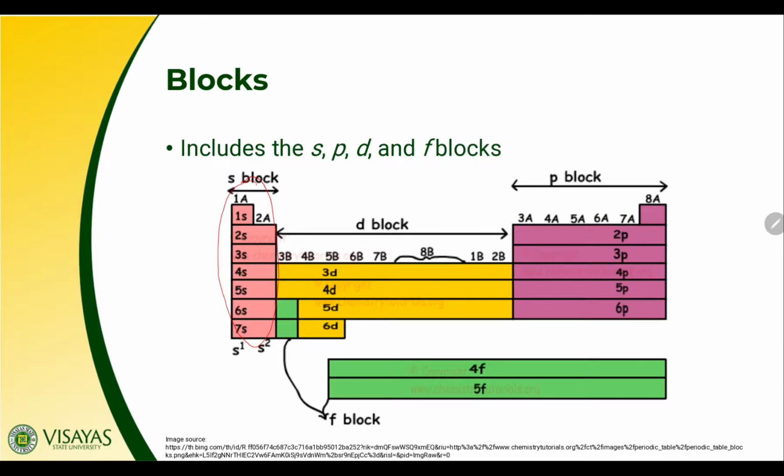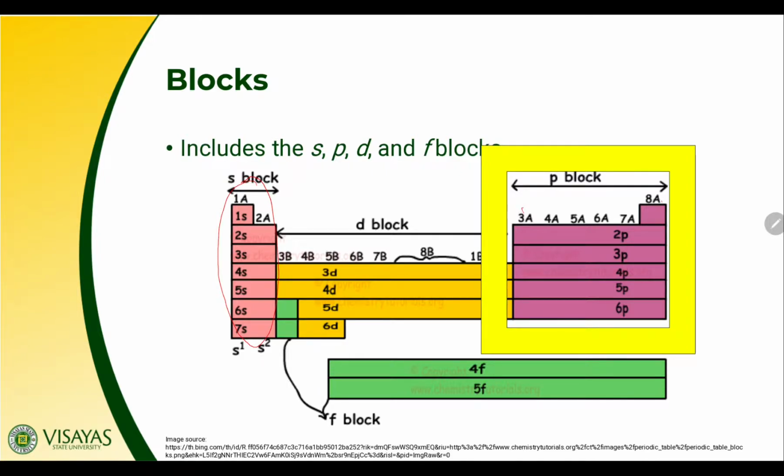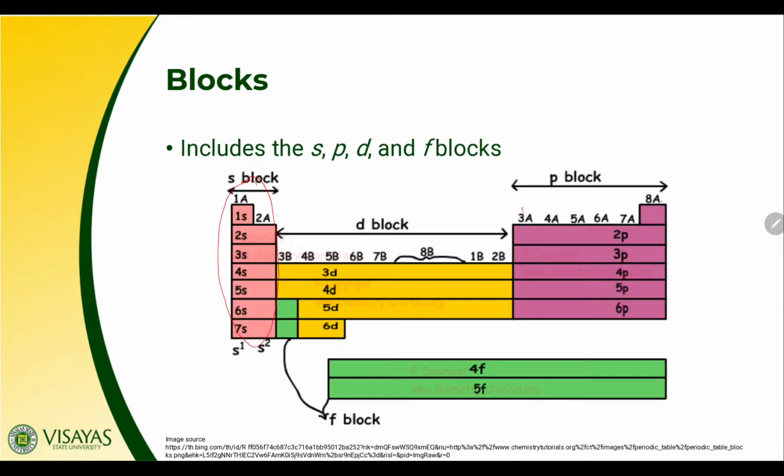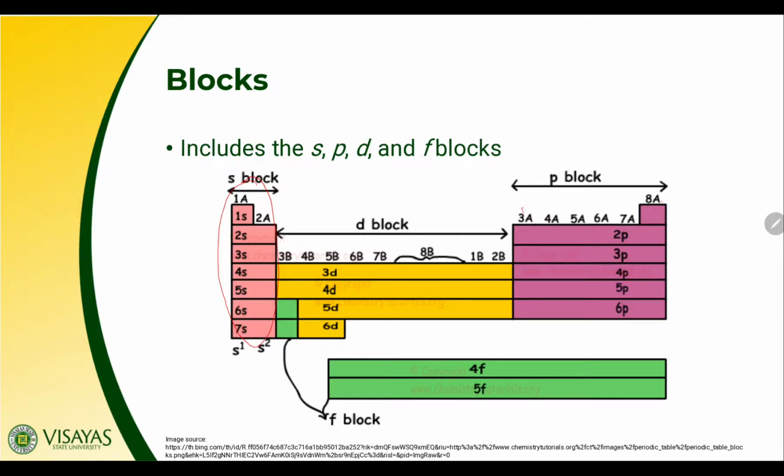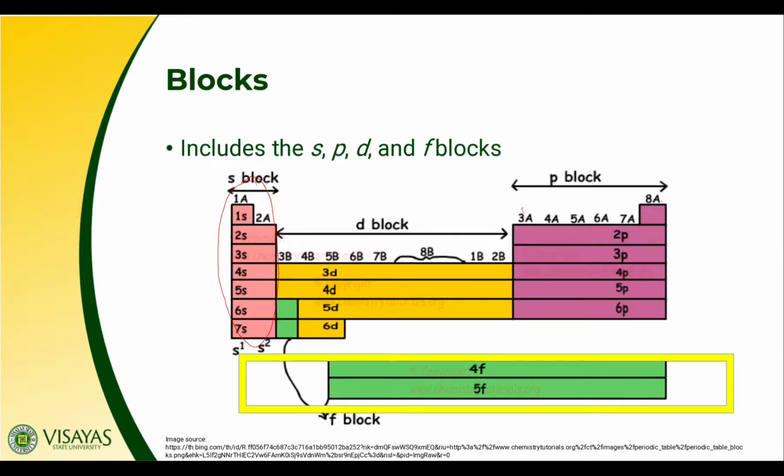For those elements whose differentiating electrons are in p orbitals, they're in the p block. These are from groups 13 to 18. For elements whose differentiating electrons are in the d orbitals, they are in the d block of the periodic table of elements. And for those whose differentiating electrons are in f orbitals, they are in the f block.